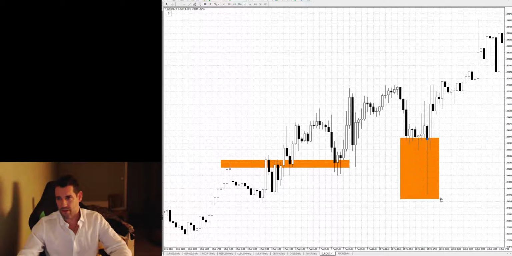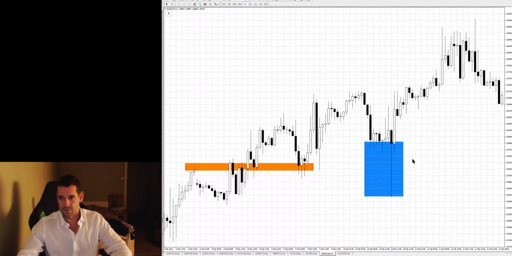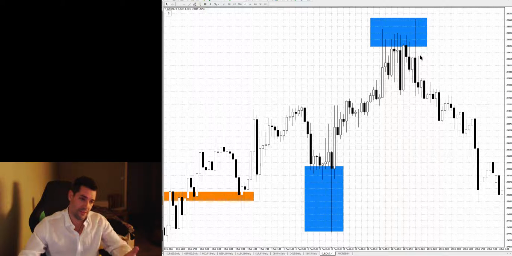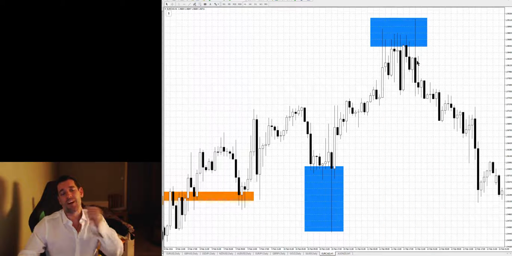Huge spikes, yeah? And we're using blue now. Huge spikes, yeah? Goes up, huge spikes. I call them spikes. I know some people call them shadows.